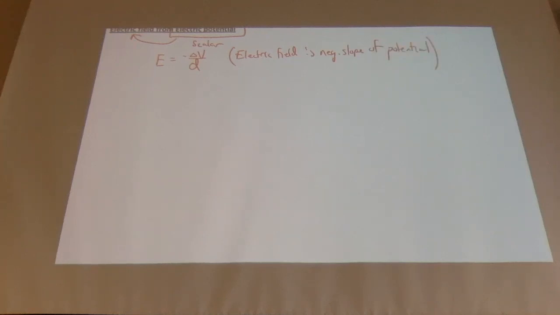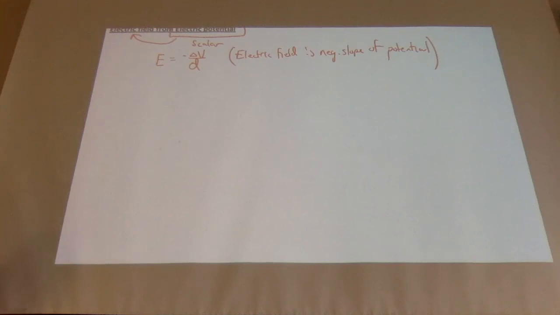The electric field is the negative slope of the potential, and we used that idea together with our 3-dimensional diagrams to see how the potential is changing, and it had all of those little pink, purpley sort of lines on there that we said represented the electric field, and it was literally the slope of the potential.